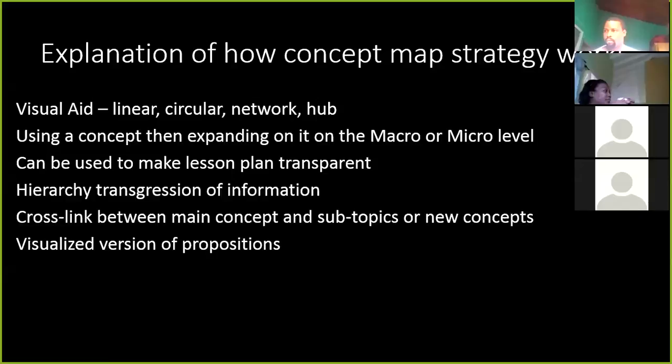Sometimes you can use words to connect the two topics, and those are called propositions. When you have two concepts and a few words in between connecting the two ideas, those are visualized propositions.